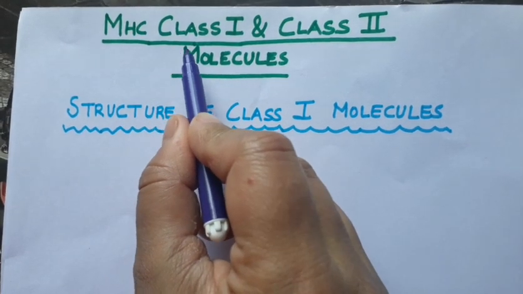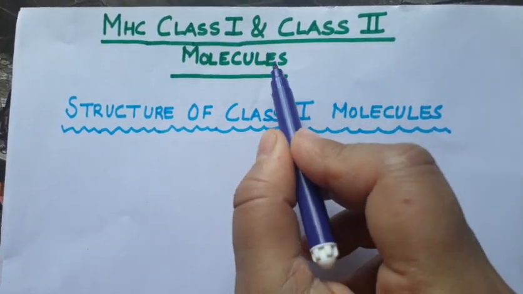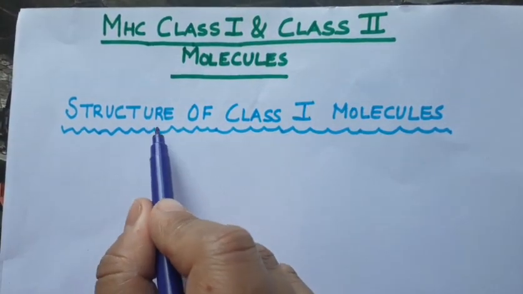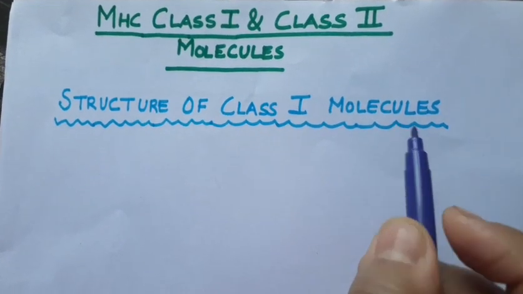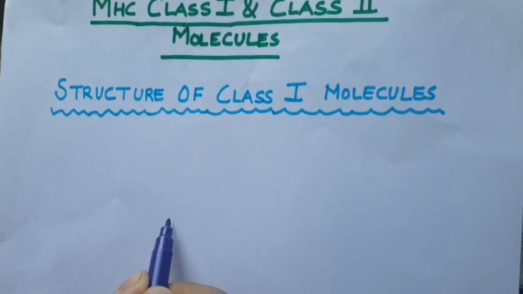Now let's see class 1 and class 2 molecules. First we will take up the structure of class 1 molecules. Now see the diagram.